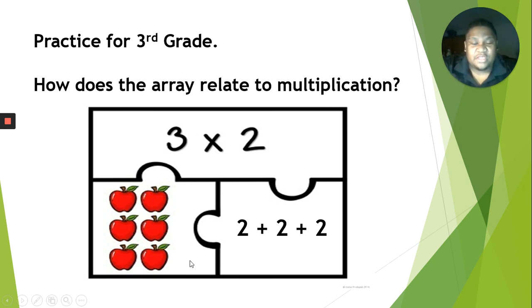So 2 plus 2 plus 2 is the same thing as multiplying 3 times 2. Why? Because you're multiplying 2 three times. So I want you to think about that. Just have it in your mind. You don't have to worry about it now because you're still in the 2nd grade.